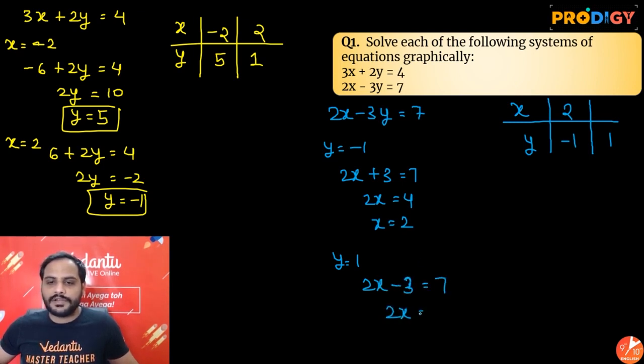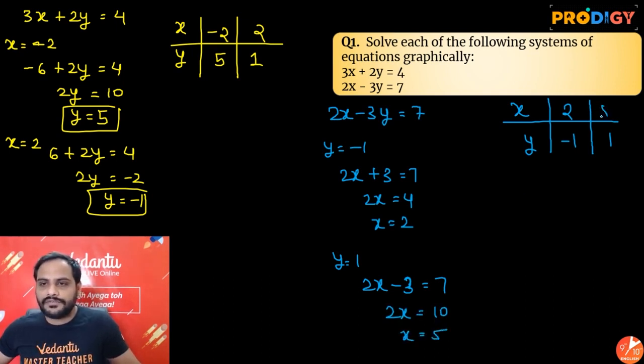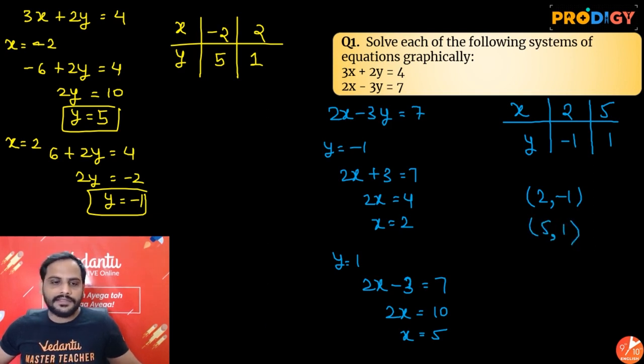So 2x is equal to 10, x is equal to 5. So for the second equation, the 2 points we have got are 2 comma minus 1 and 5 comma 1. In the first equation, we have got the points minus 2 comma 5 and 2 comma 1.